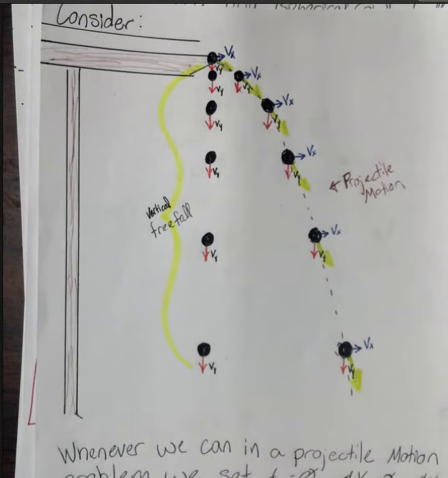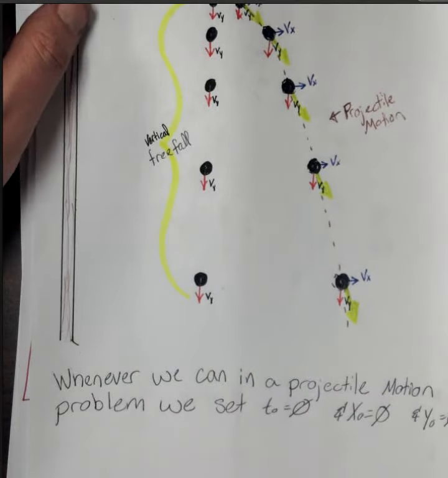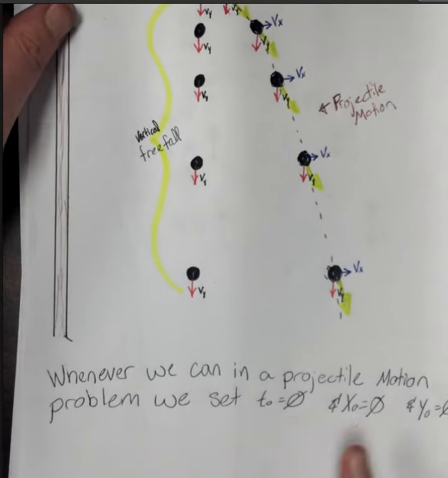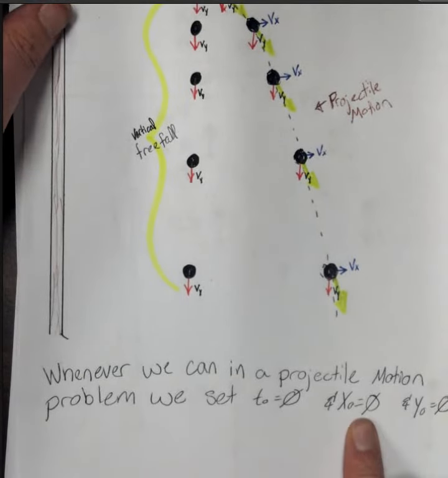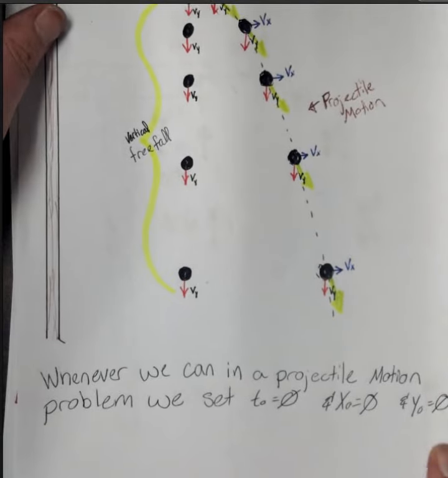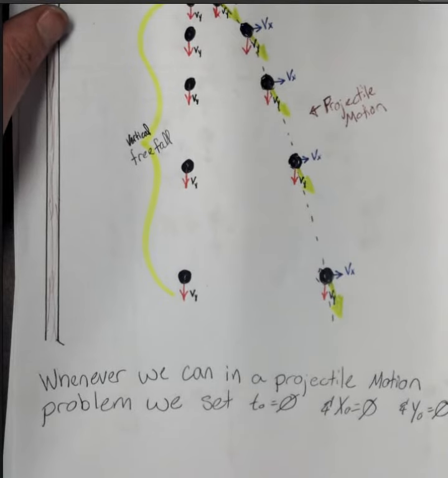So a problem-solving tip is whenever we can in a projectile motion problem, we like to set the initial time to 0, the initial x position to 0, and the initial y position to 0, and then we just calculate our displacement and time change as whatever it is at that final position that we're considering.